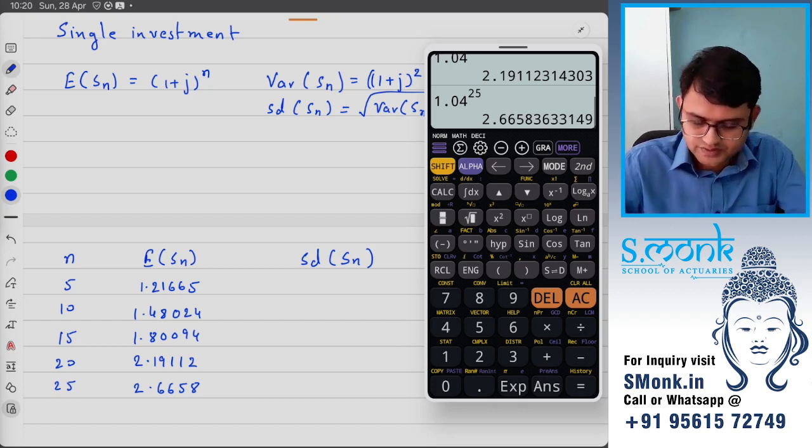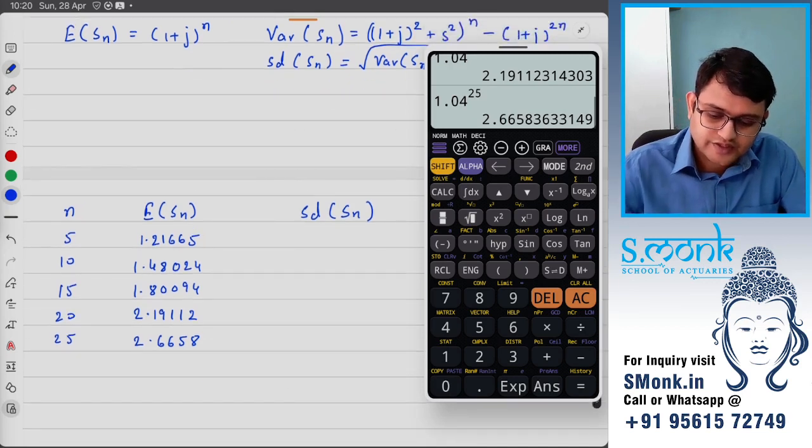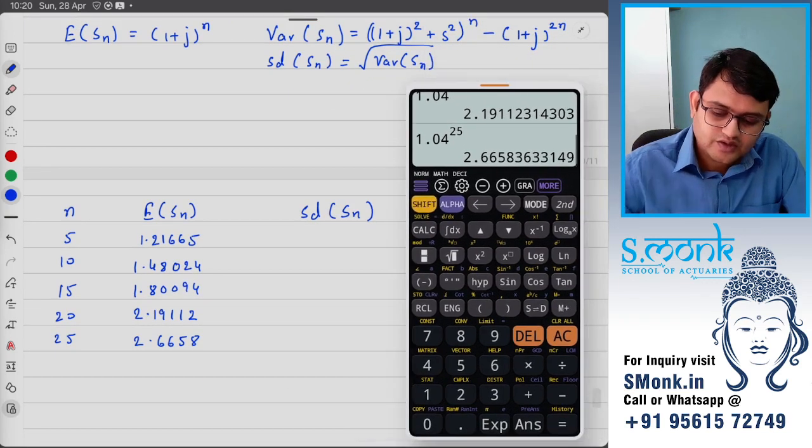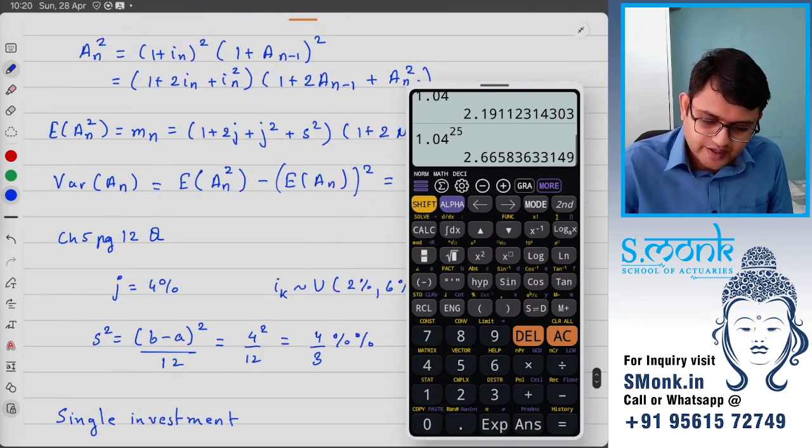Standard deviation. Okay. So you can see the variance formula. We had s square as 4 by 3.